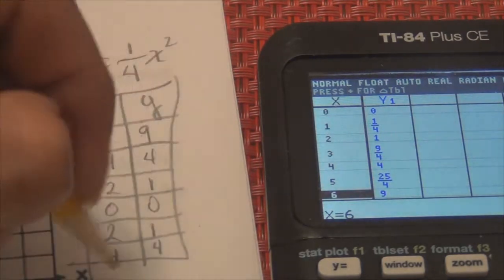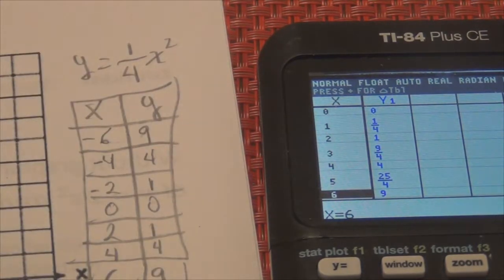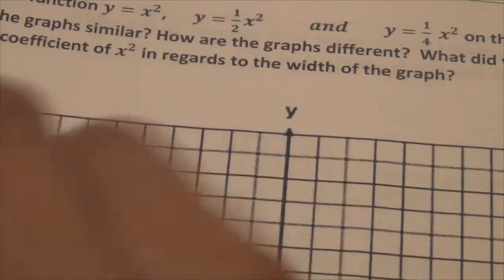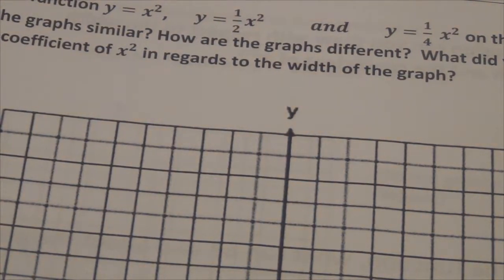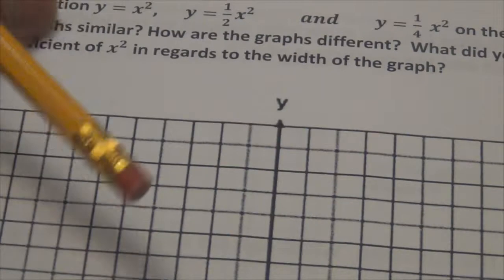And I think I got 6, 9. So those are the values that I have. And now let's go and graph them. For the parabola, this time I'm gonna do everything in pencil.